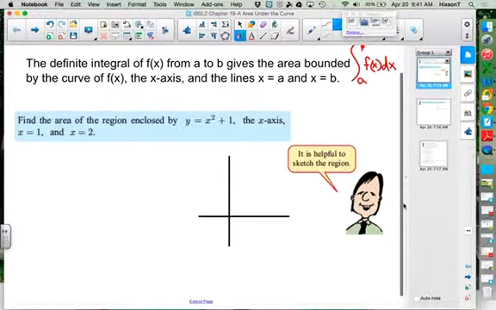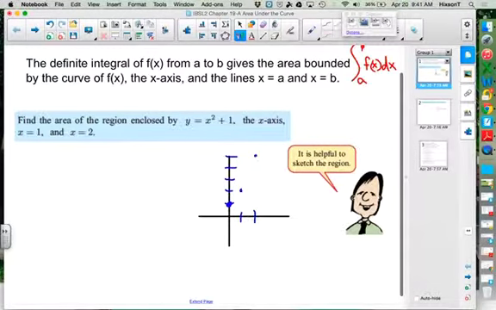We're going to find the area of the region enclosed by y equals x squared plus 1, the x-axis, and x equals 1 and x equals 2. The first thing we're going to do is sketch this curve. We have y equals x squared plus 1, so it's got a y-intercept at 1. It's going to go through the point (1, 2) and the point (2, 5).